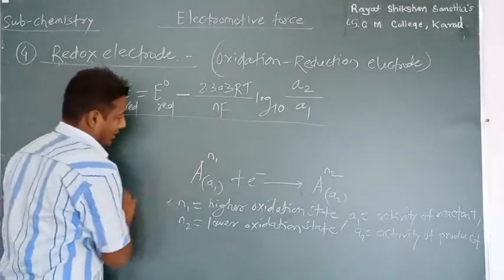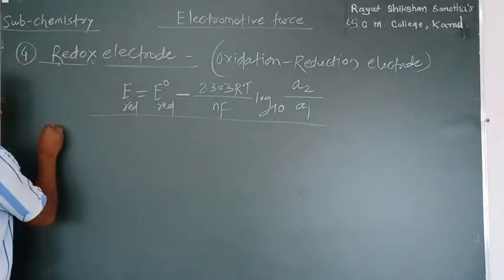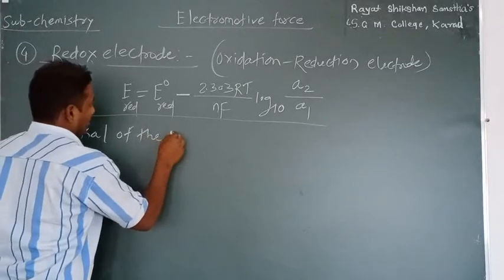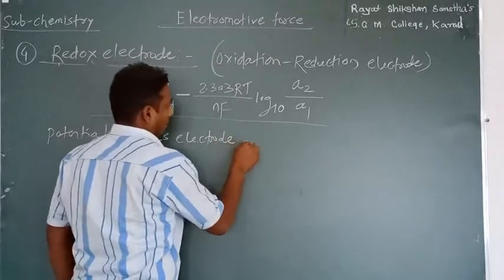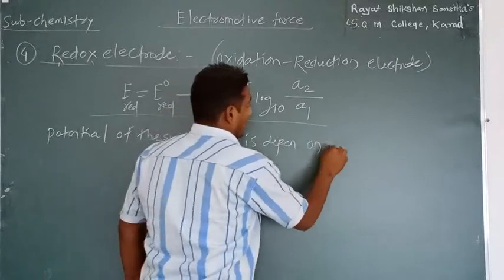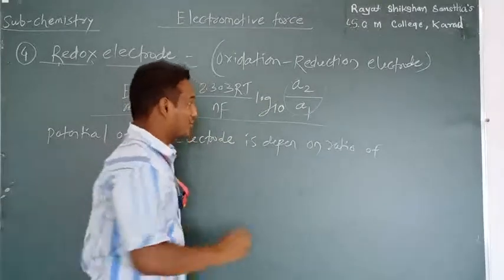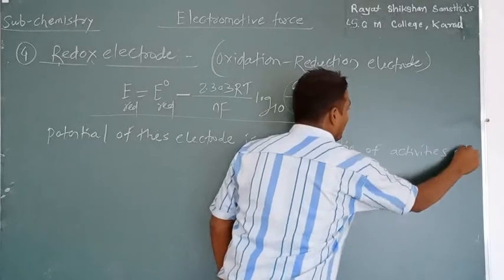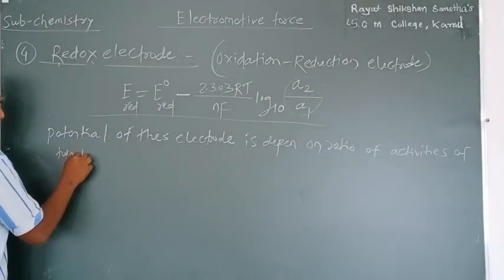Then we can also write down the concluding statement that the potential of this electrode depends on the ratio of activities of two ions.